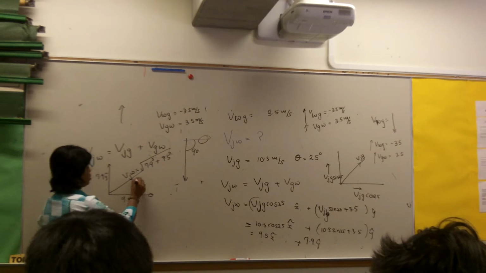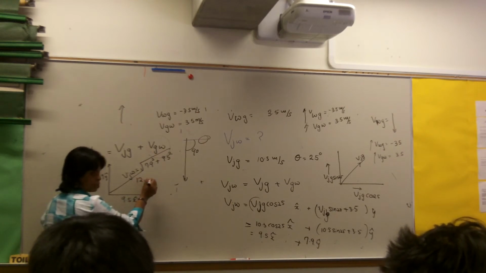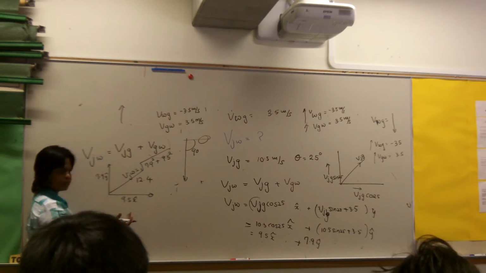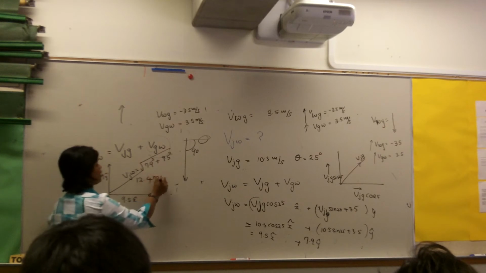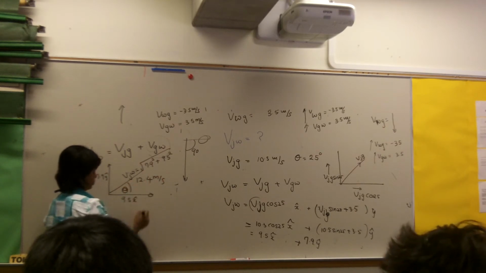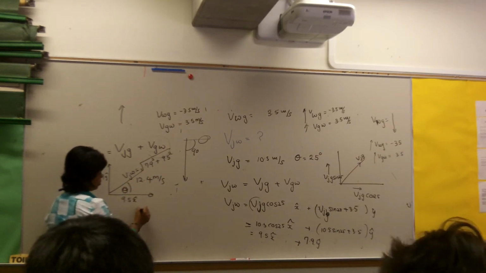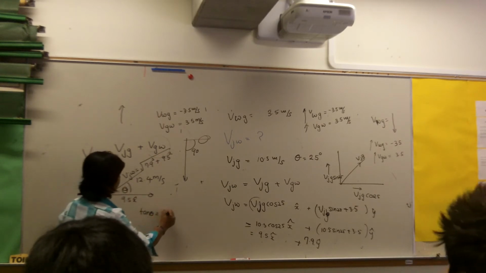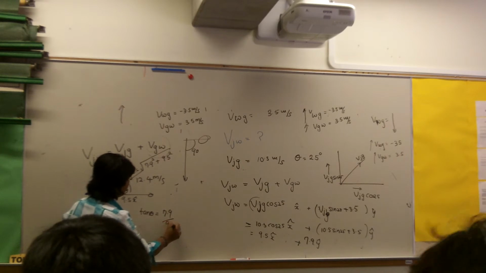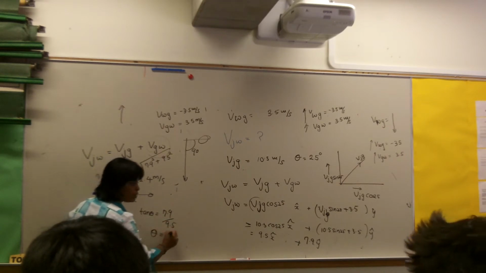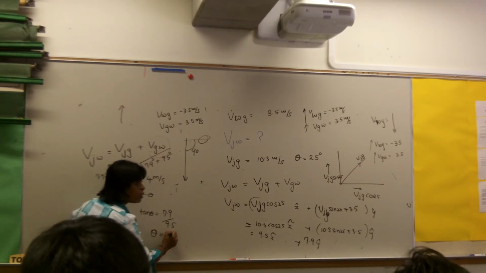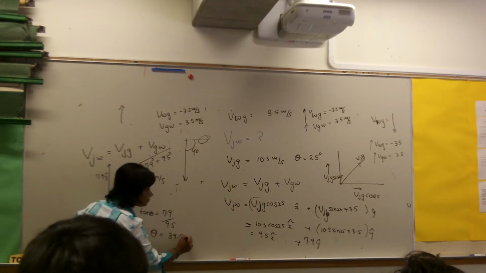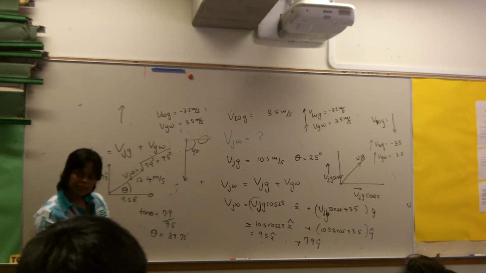So I'll say 12.4, something like that. Okay? Meters per second. What is the angle? tan theta is equal to 7.9 over 9.5. Theta is equal to 39.75. Is that clear, guys?